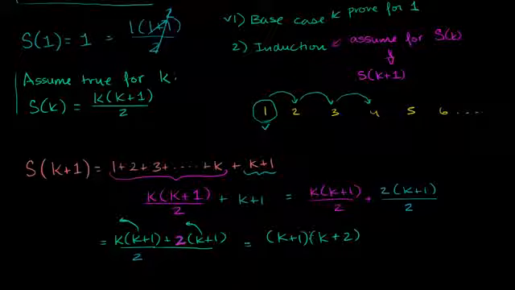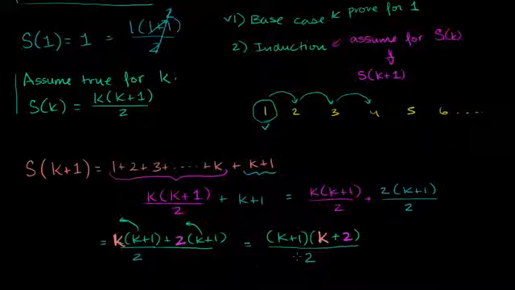So this 2 is this 2 right over there. And this k is this k right over there. We factored it out. These k plus 1s, we factored them out to this k plus 1 right over there. And it's going to be all of this over 2.